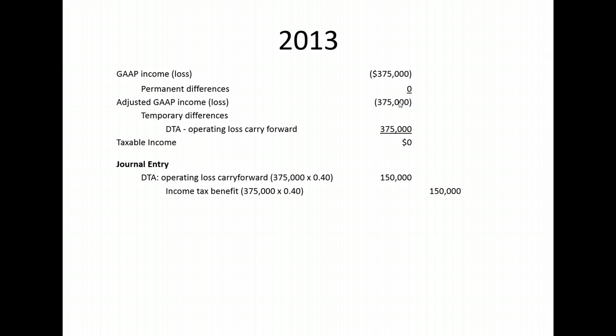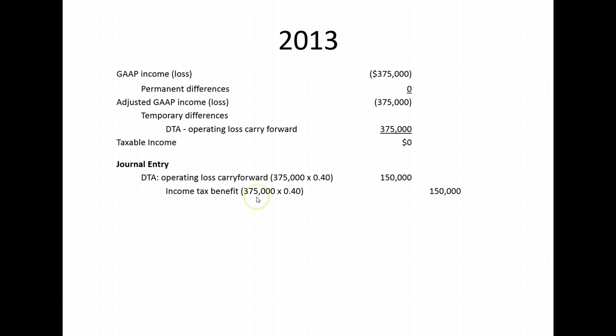Here's where things get a little bit strange looking, although from a conceptual standpoint this is perfectly correct. Instead of having an income tax expense, we would essentially have a negative income tax expense, right? A loss times a tax rate would be a negative income tax expense, and that is going to be recorded as income tax benefit.